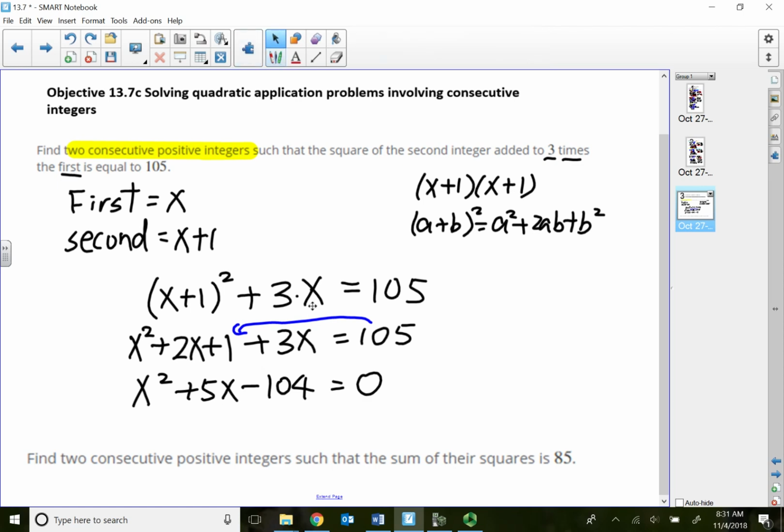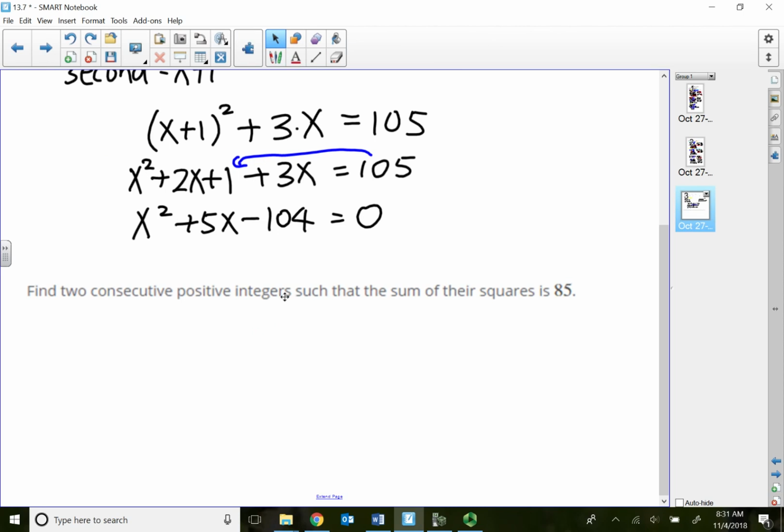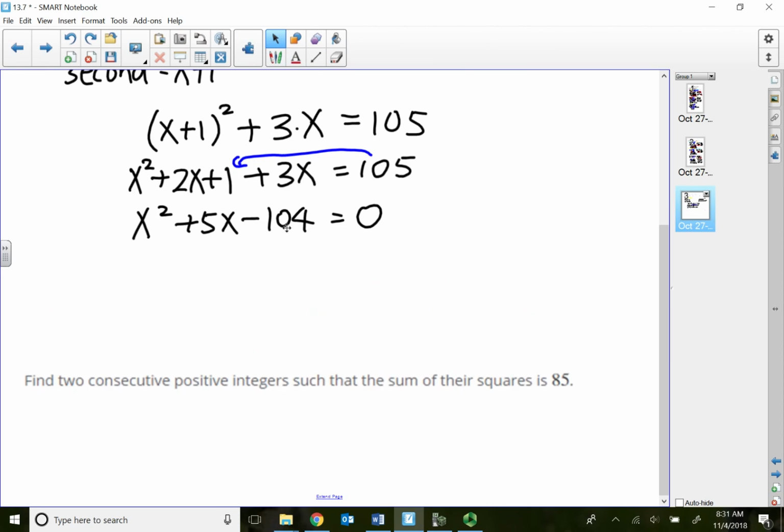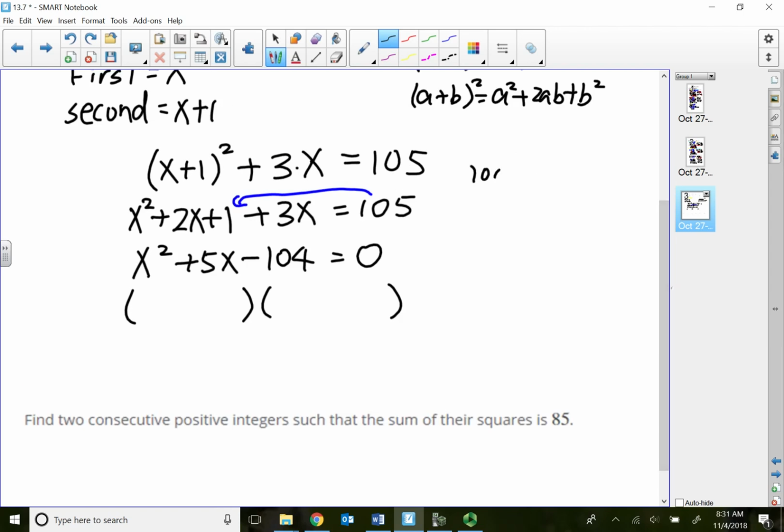Now 104 is between 100 and 200. I know 200 is 10 times 20, 100 is 10 times 10.